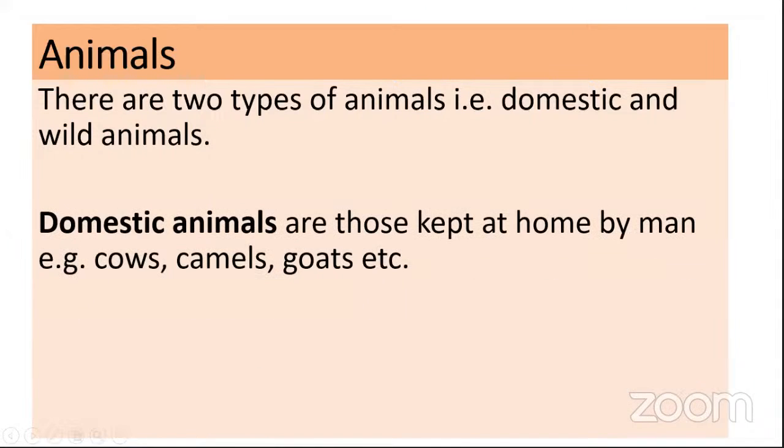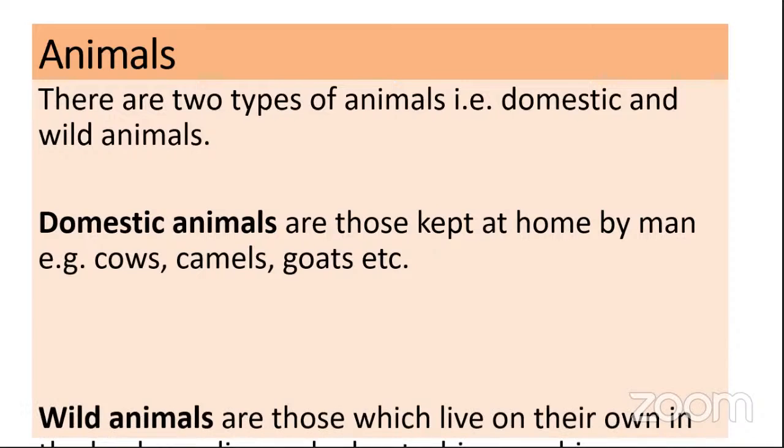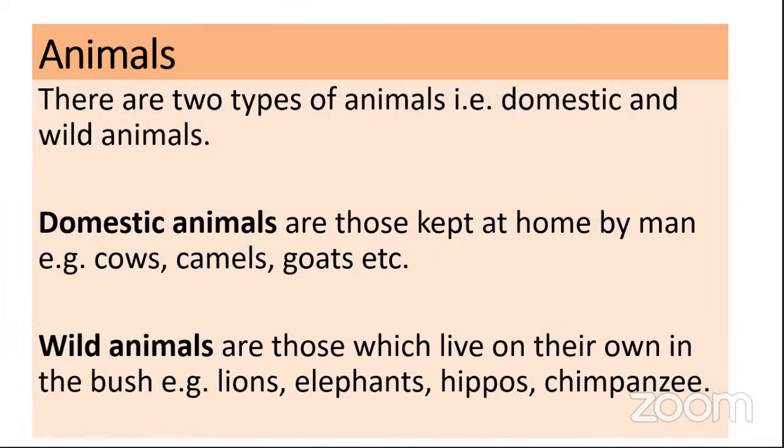So domestic animals are animals that are kept at home by man. We have given examples like cows, camels, and goats, whereas wild animals are those which live on their own in the bush. For example, the lions, the elephants, the hippos, and the chimpanzees.